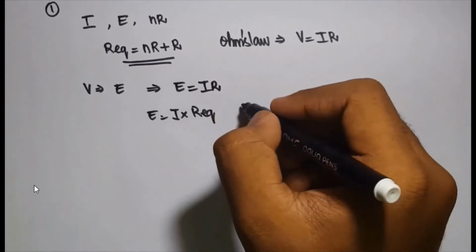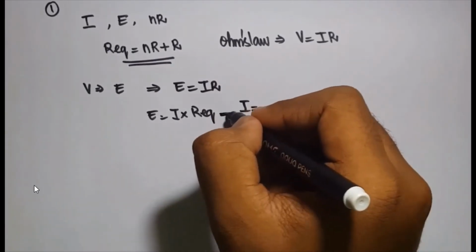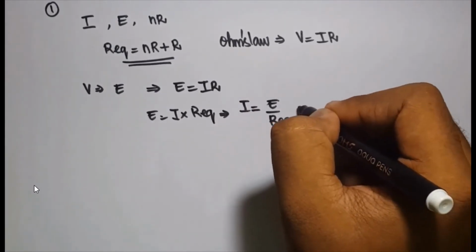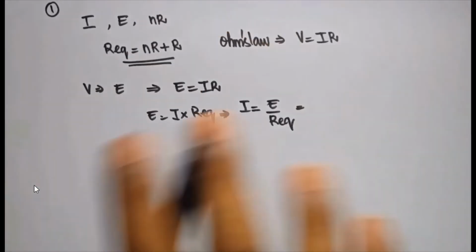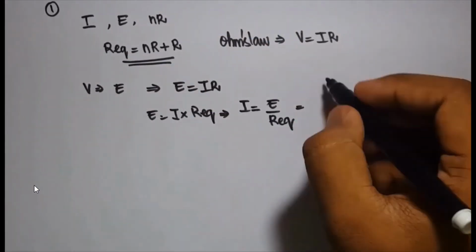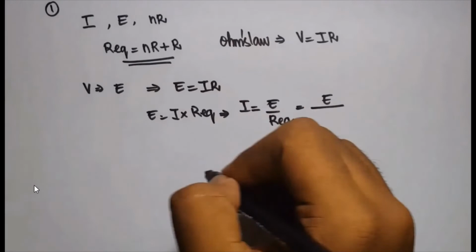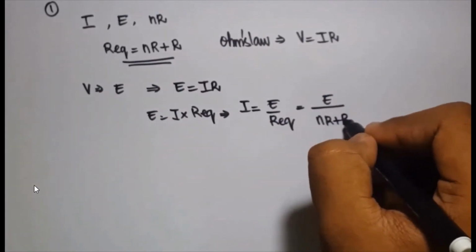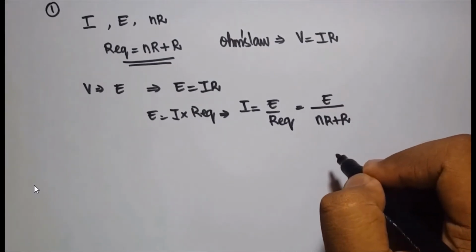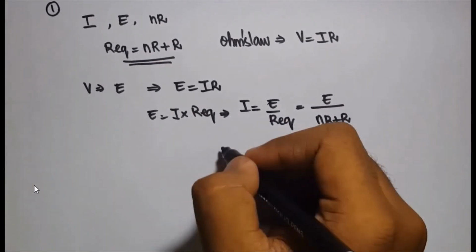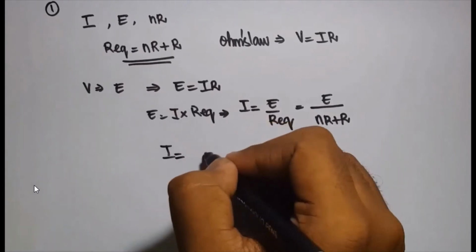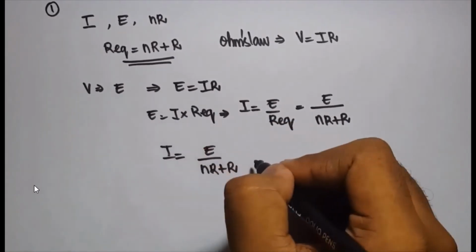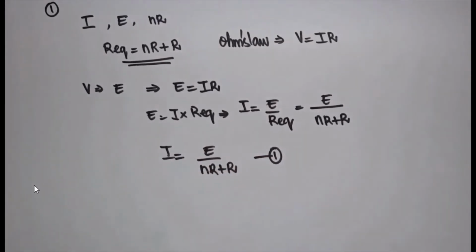So from this we get I equals E by R equivalent. Here the EMF is just E, whereas R equivalent is nR plus R, which we have just derived in the previous discussions. So for the first case, I becomes E by nR plus R. Let's take it as the first equation.